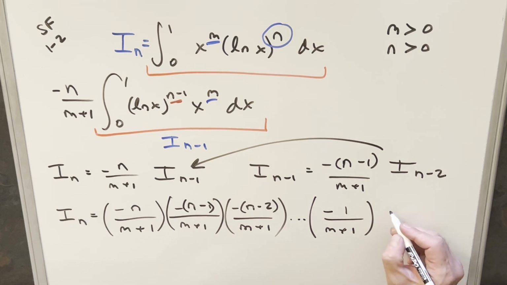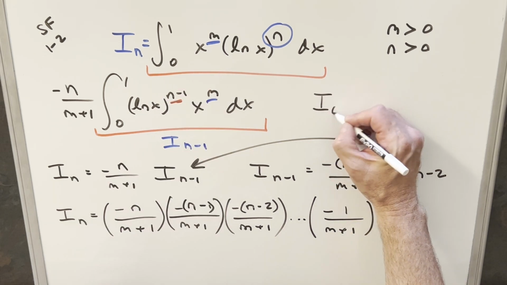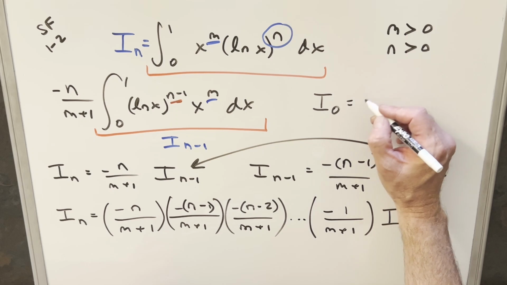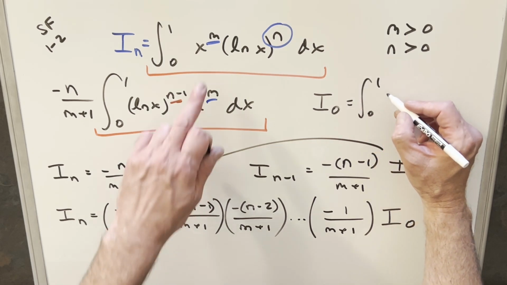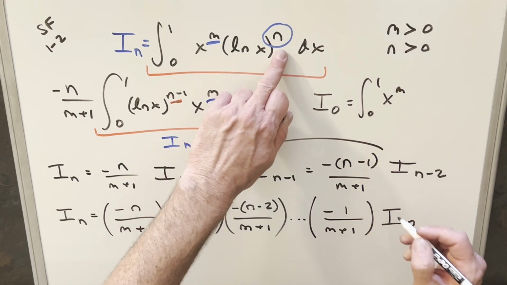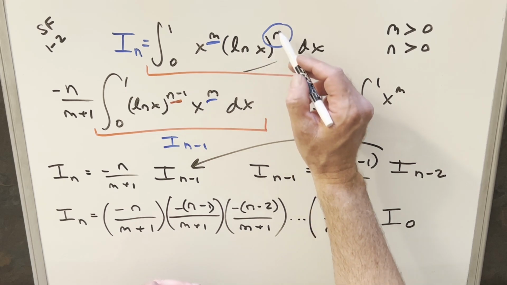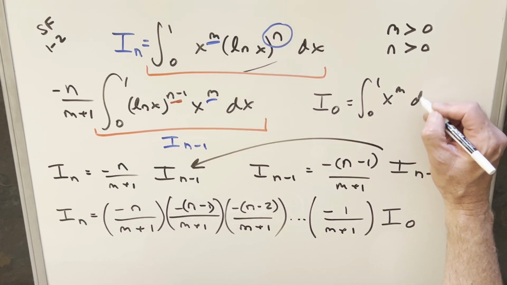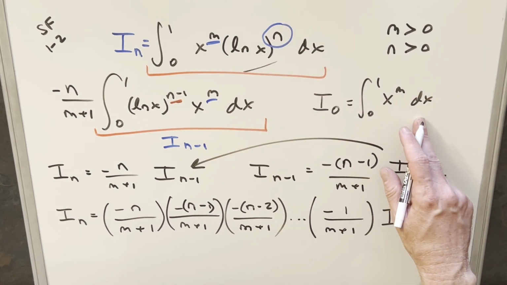And then on the end of this, you're going to have this final thing, I sub 0. But coming back to our original formula, we can actually figure out what I sub 0 is, just plugging 0 in for n. So this is going to be the integral from 0 to 1 of x to the m, but when n is 0, this piece right here just becomes 1. So we're just integrating x to the m dx.